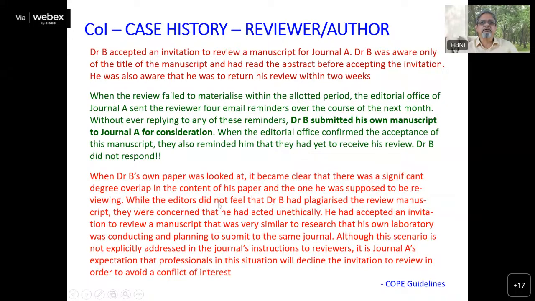Okay, so while the editors did not really feel that Dr. B had actually plagiarized the reviewed manuscript, they were quite concerned that he had acted unethically. He accepted the invitation to review, which was in a very similar area of research to his own laboratory research, and he was also planning to submit a manuscript on the same topic.